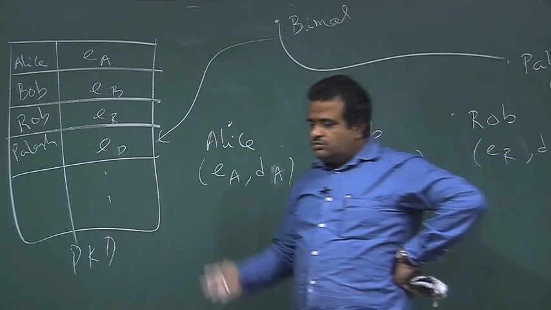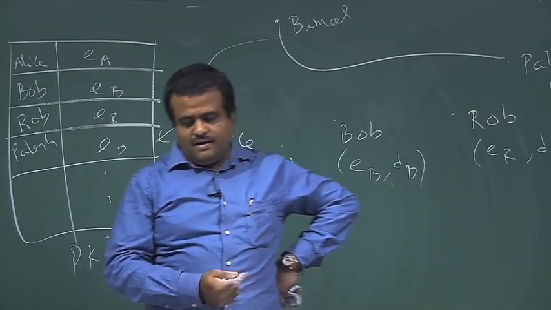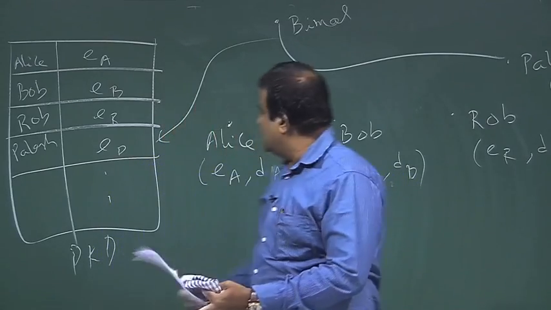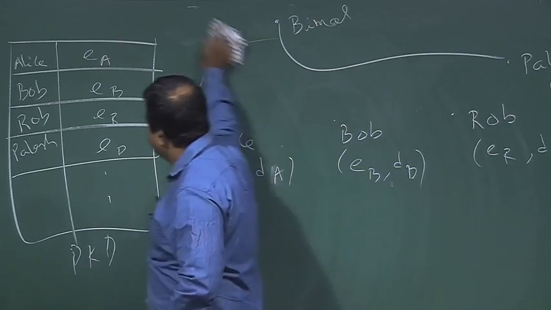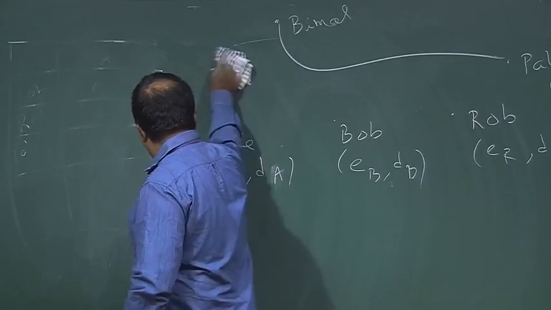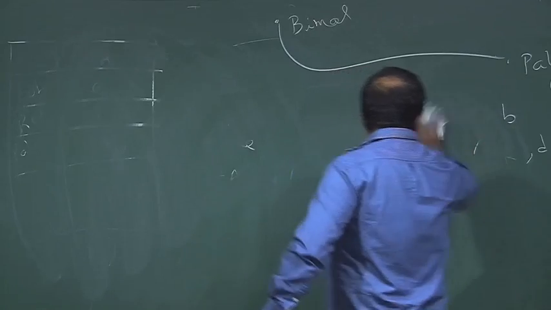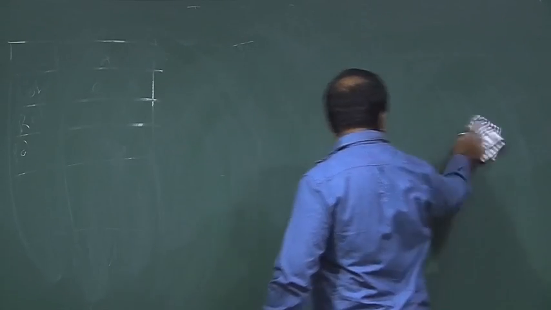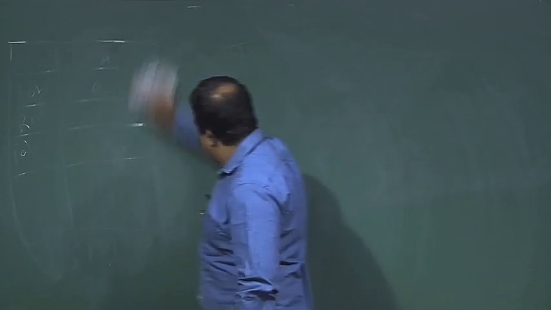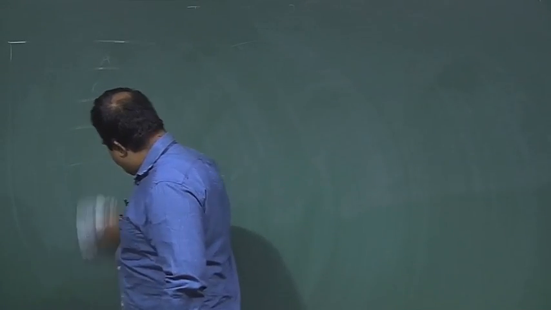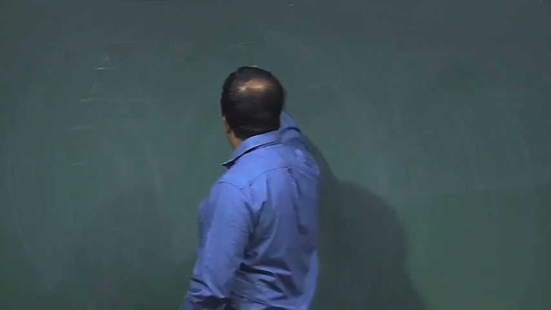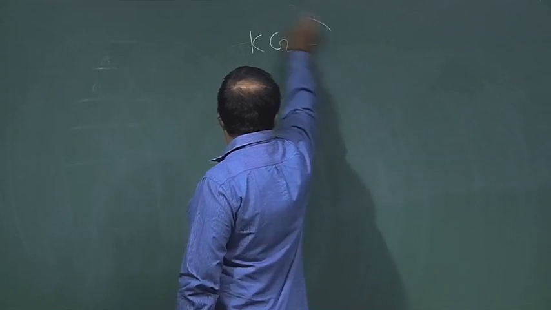So we use the identity as a public key, and to get the corresponding secret key, there is a key generation center.